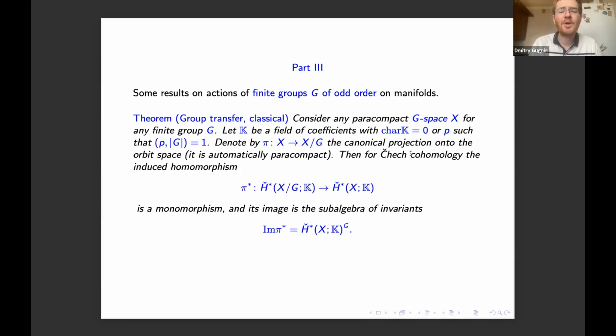Then for Čech cohomology, the induced homomorphism is always a monomorphism. And its image is the full subalgebra of G invariants here. So you have an action of G on X, so it acts also on the Čech cohomology, and so here is this subalgebra of invariants.